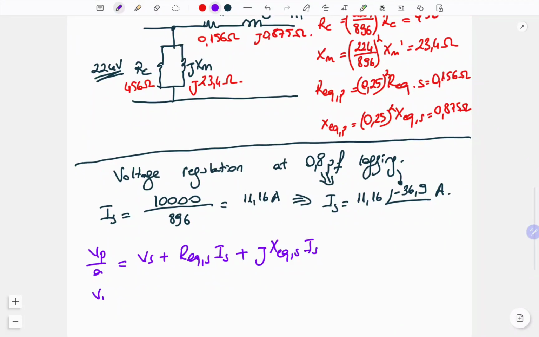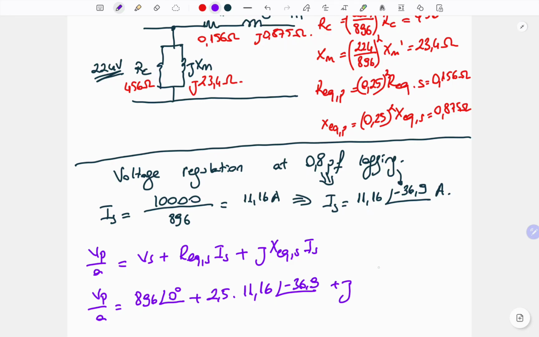For Vp over A, Vs is the rated voltage of the transformer, and it will be our reference for our analysis. The secondary side R equivalent is 2.5, and we have calculated the current, which is 11.16 with minus 36.9. Then the complex part will come with 14 ohms and with the current.